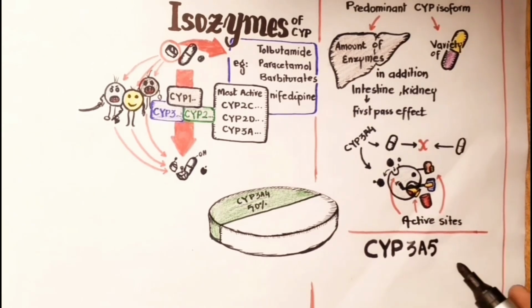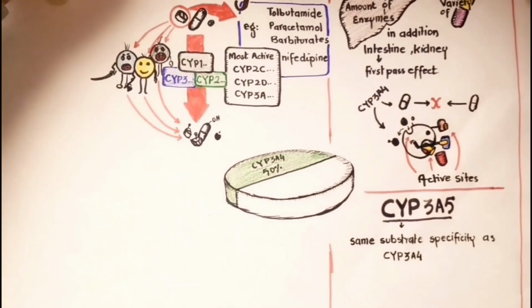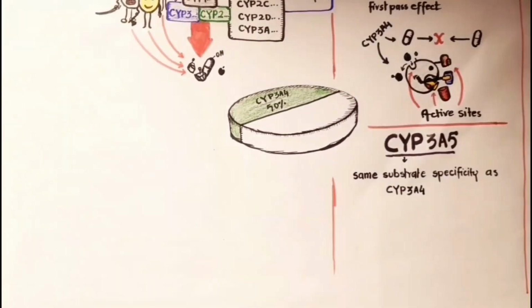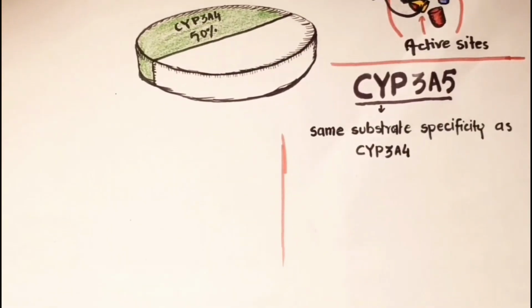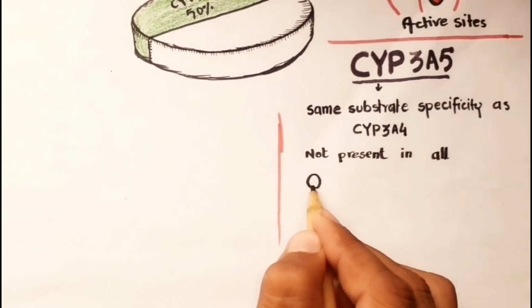CYP3A5, whose amino acid sequence is like that of CYP3A4, appears to have approximately the same substrate specificity characteristics as CYP3A4. However, it differs in that it is not present in all individuals.